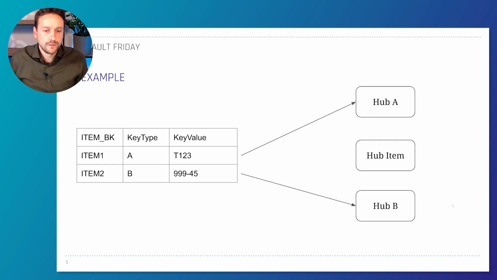And that's, I wouldn't say common, but we see it often that in one source table, there are different business keys or business objects in one column, right? So here the business key in the end is the key value, I assume at least, and it is differentiated with the key type. And how to model this in Data Vault?